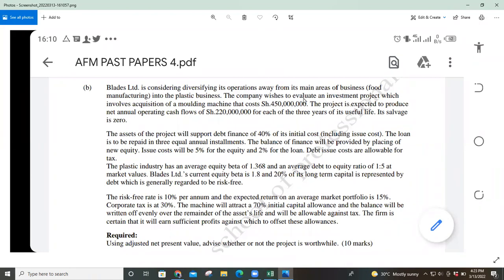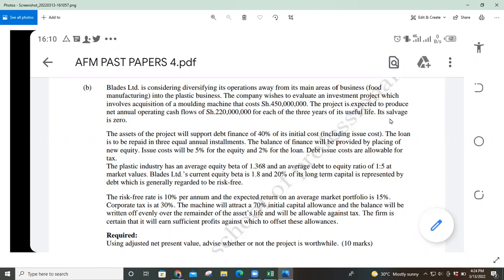The company wishes to evaluate an investment project which involves acquisition of a molding machine that costs shillings 450 million. The project is expected to produce net annual operating cash flows of 220 million for each of the 3 years of its useful life. The salvage value is 0.